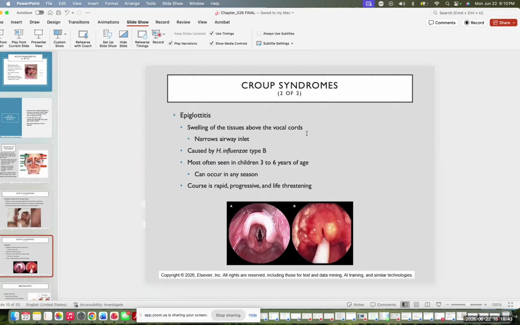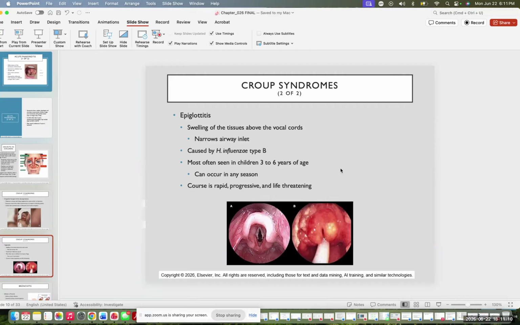Epiglottitis is in that croup syndrome category; it swells these tissues and narrows the airway inlet. This is caused by influenza type B, seen in 3 to 6 year olds, can occur in any season, and is rapid, progressive, and very life-threatening.